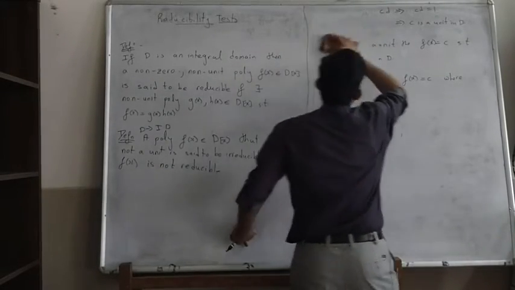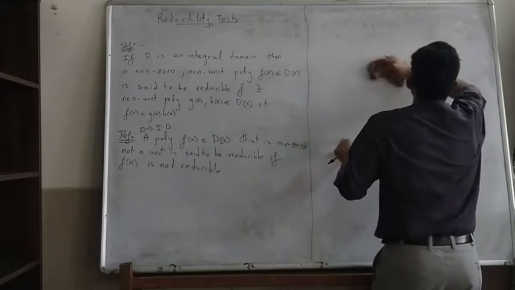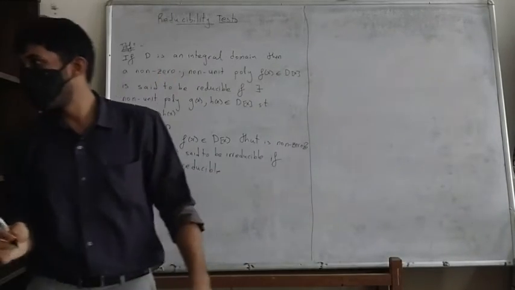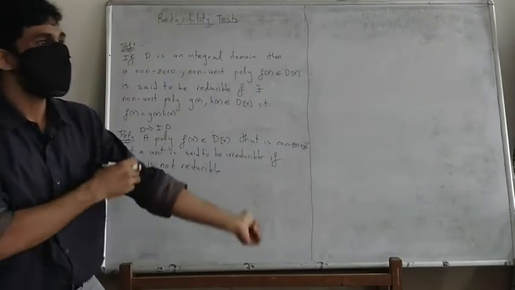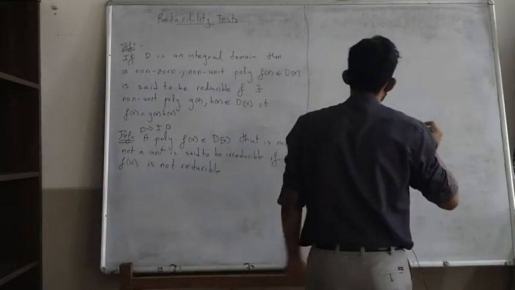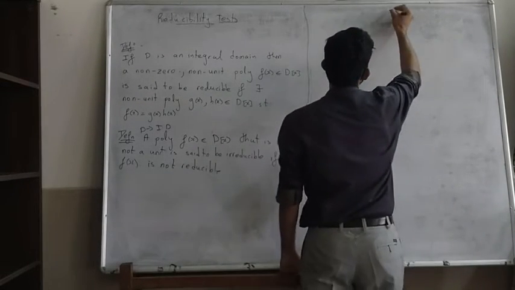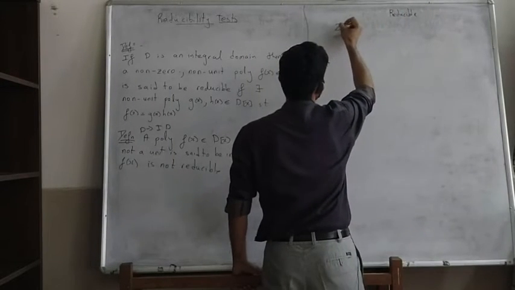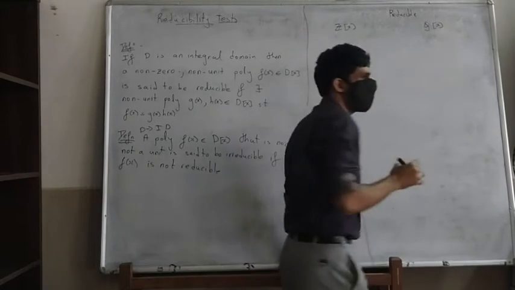So do we know some reducible and irreducible elements in Z and Q? Let's ask ourselves about some reducible and irreducible elements in Z and Q. I want to focus more on Z and Q. So let's first look at some examples of reducibles. In Q[x] and Z[x] there is some slight difference in behavior.